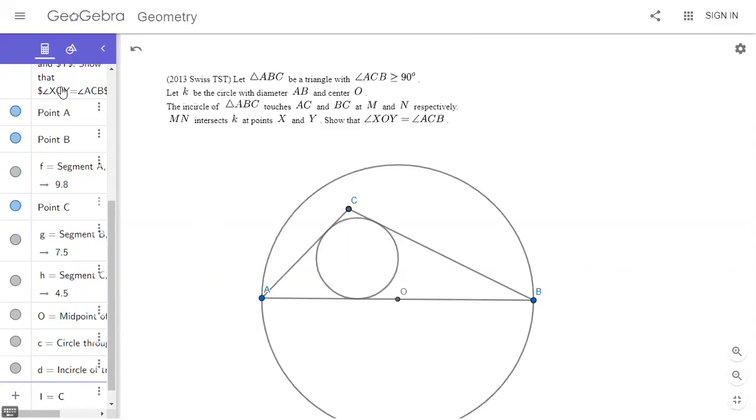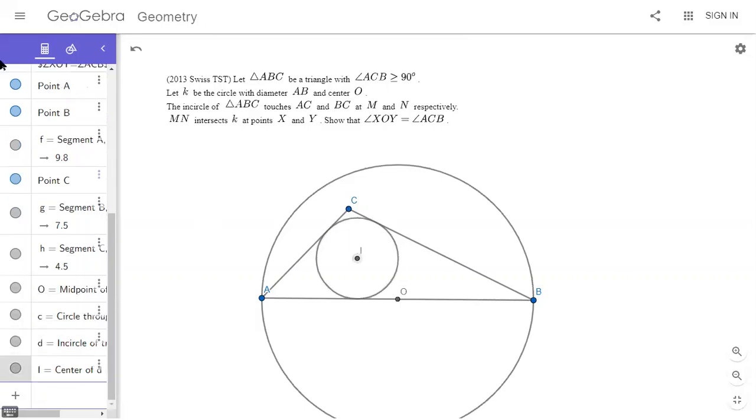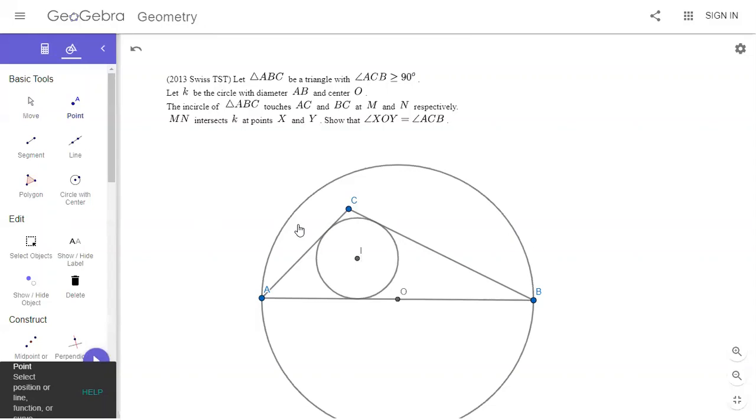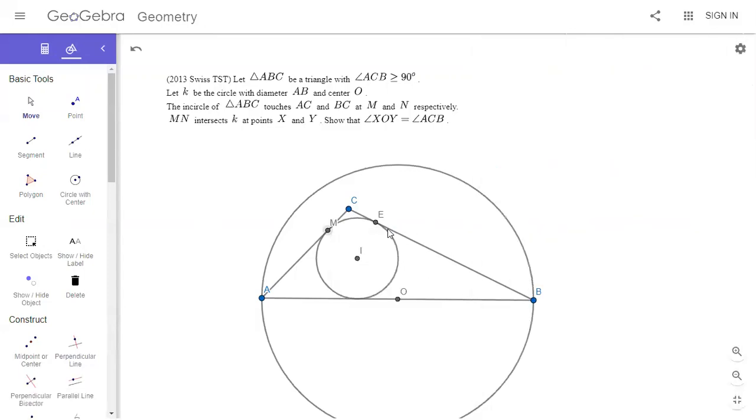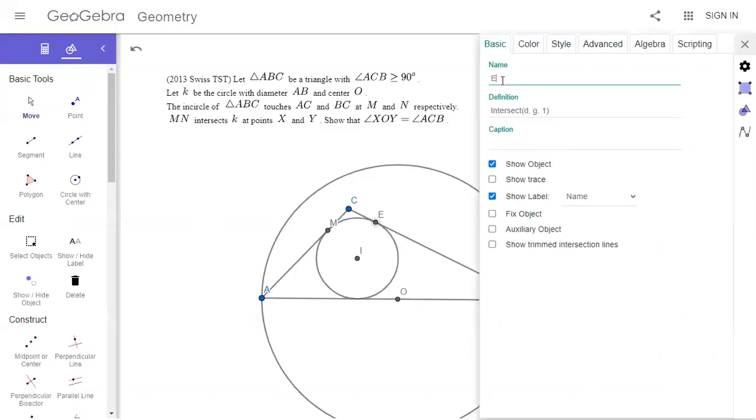Call I the center. It touches AC and AB at M and N. I wish there was a faster way to change names other than doing this.